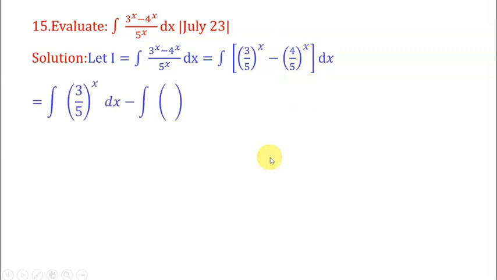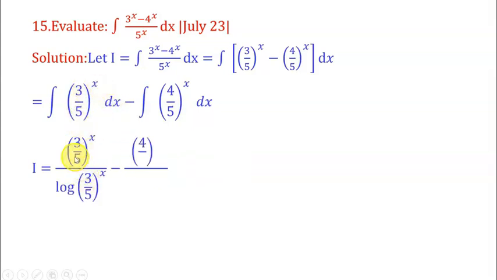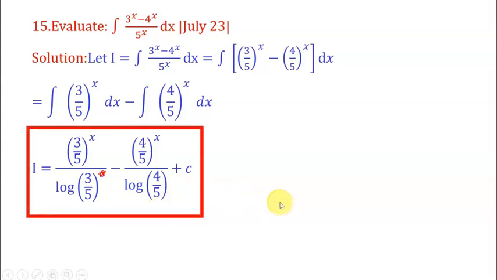Now the integral of a raised to x is a raised to x upon log of a. Similarly here, the integral of 3 by 5 raised to x is 3 by 5 raised to x upon log of 3 by 5, minus 4 by 5 bracket raised to x upon log of 4 by 5 plus c. And this is the answer.